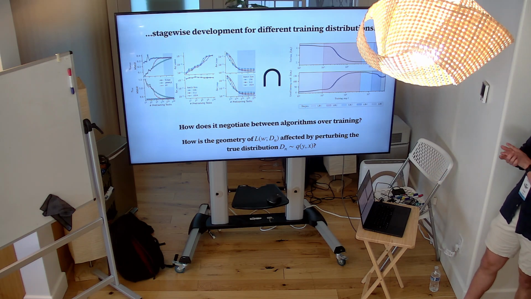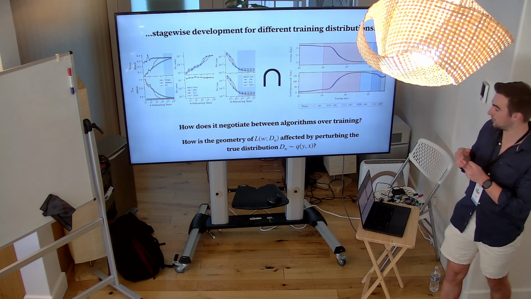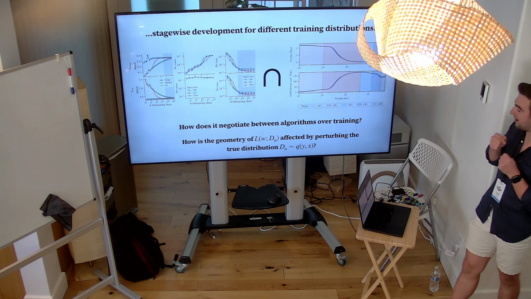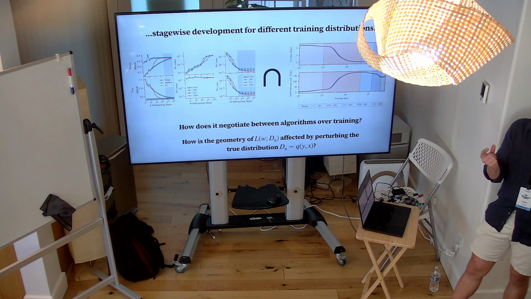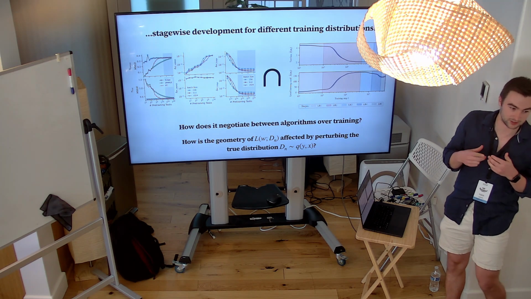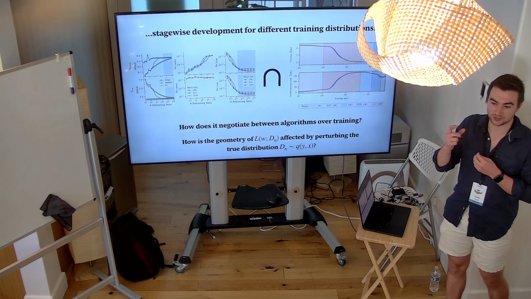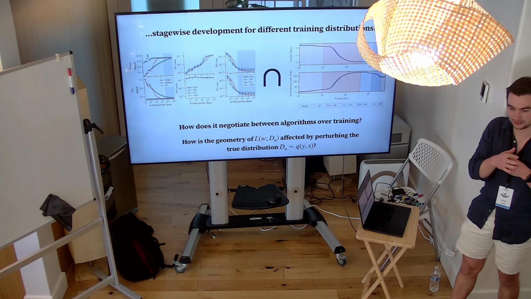In particular, this would give us an insight into what the geometry of the loss landscape is, and how that is affected by shifting the true distribution. So this goes towards the idea of structural generalization that Jesse mentioned the other day. How robust are certain algorithms that the model is learning under distribution shift?